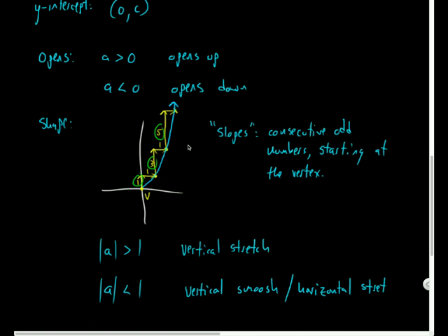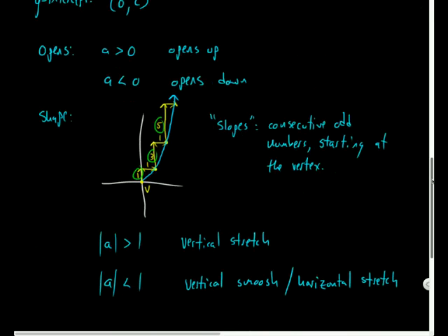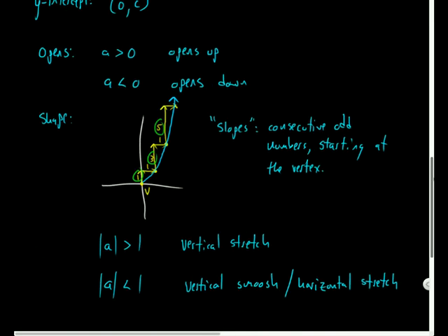So maybe at another point I'll do some further analysis on that, but for now that's all we need to know. So here's a whole bunch of information you can gather, all from the equation of the quadratic function.